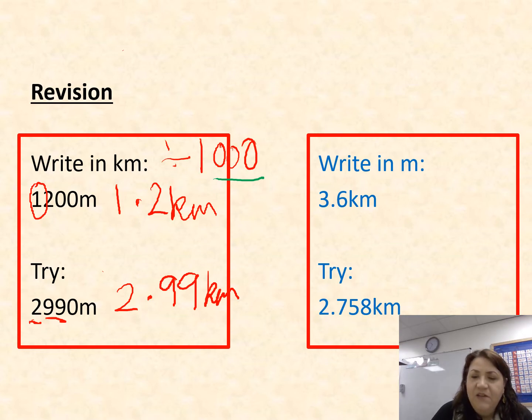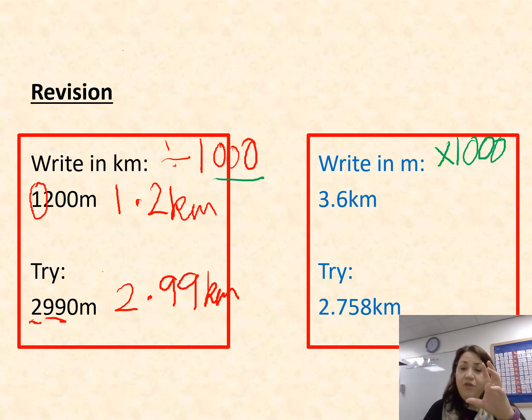Now we're going to be doing the opposite. So this time, we're going from a bigger unit to a smaller unit. I didn't mean instead of multiplying, sorry, I meant instead of dividing, we're now going to multiply. So this time we're going to multiply by 1,000 because there are 1,000 meters in a kilometre.